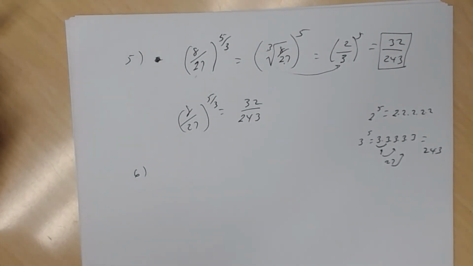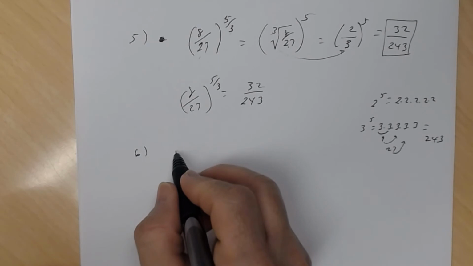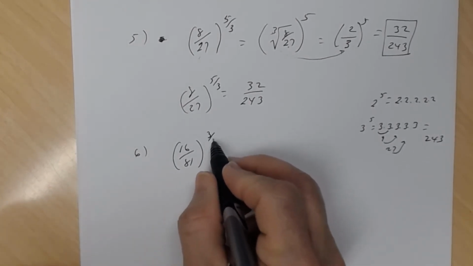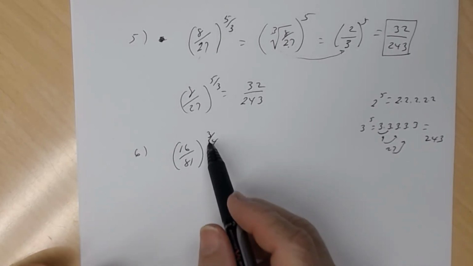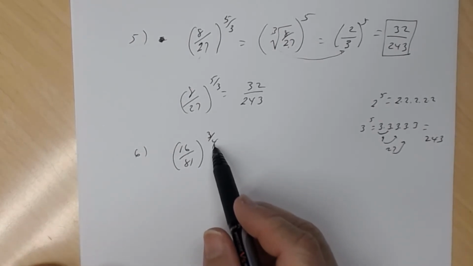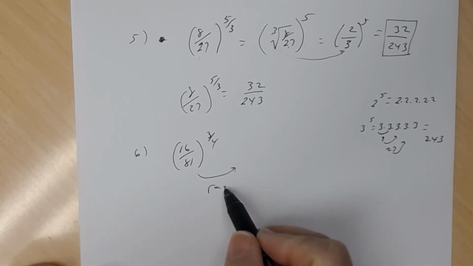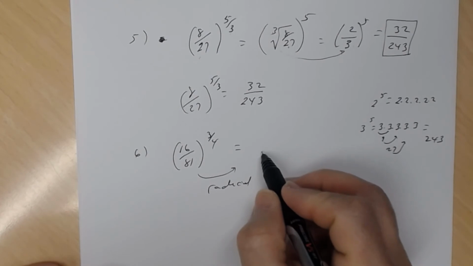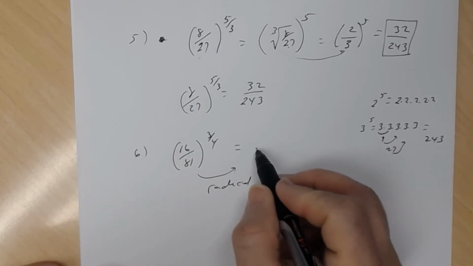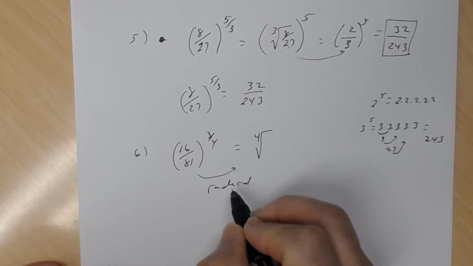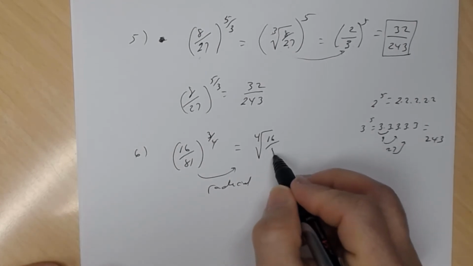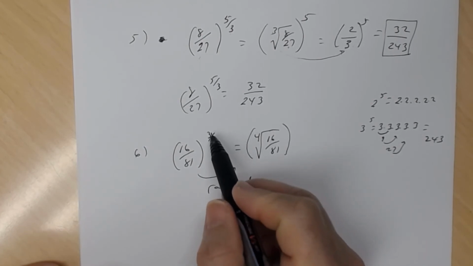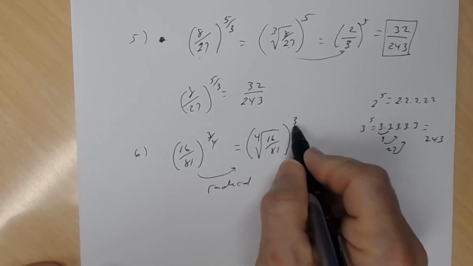Okay, let's look at one more, number 6. Suppose we had 16 divided by 81, all raised to the 3/4 power. So notice I have a rational exponent, so you want to change this to a radical. When I change this to a radical, remember your denominator is your index, so it'll be the 4th root of 16 divided by 81, all raised to the outer exponent, and your numerator is that outside exponent.